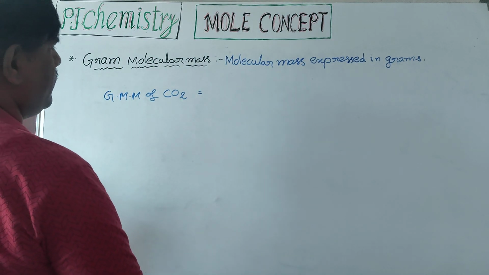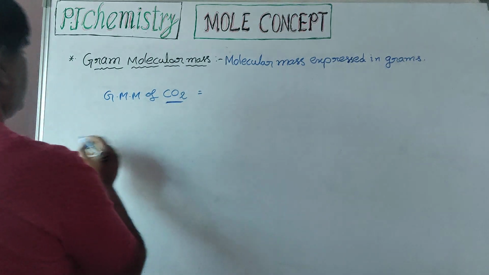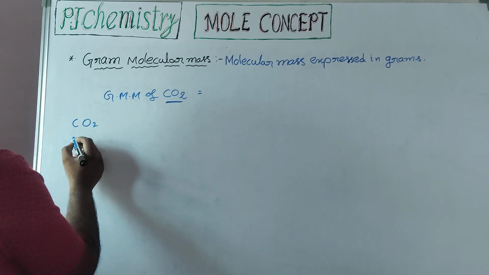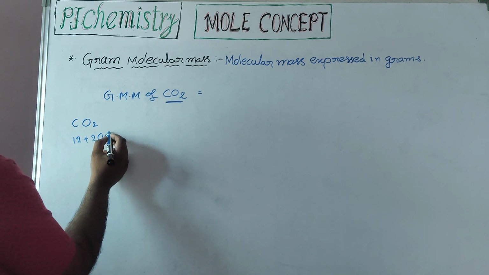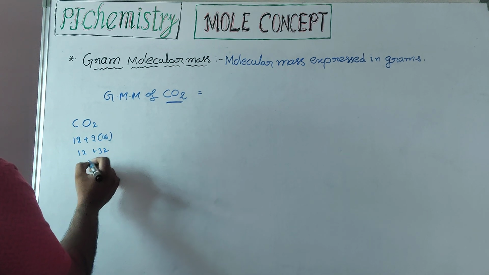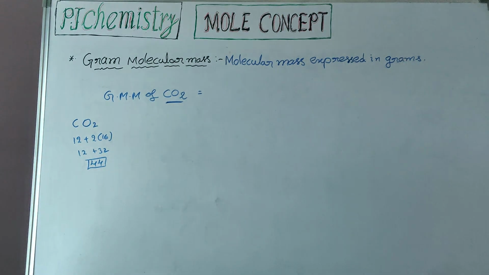First, what should we take? Molecular mass. Carbon, oxygen. Carbon mass number is 12. Oxygen, there are 2, so 2 into 16, 32. 12 plus 32 is 44, the molecular mass or relative molecular mass.